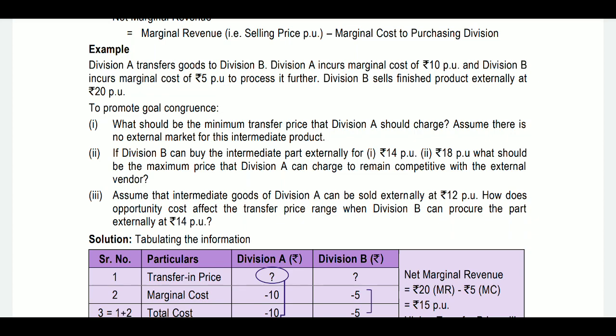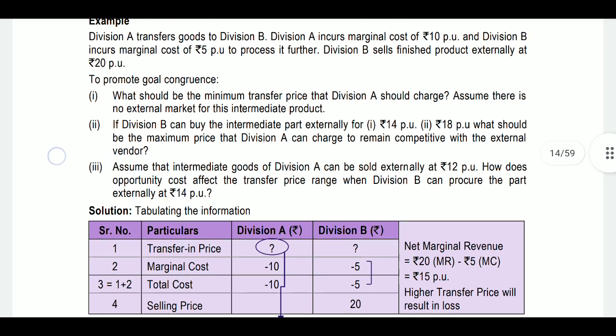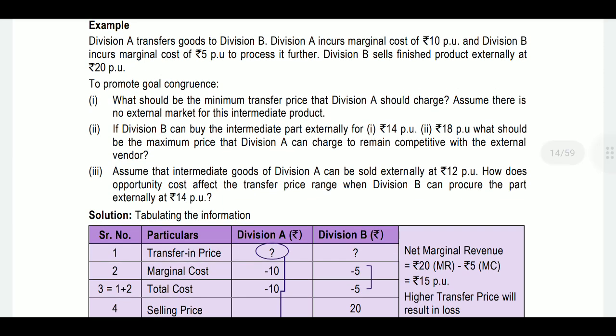So total cost for A will be 10 rupees and for B 10 plus 5, 15 rupees, and it is selling at 20 rupees. Next, to promote goal congruence, what is required? Minimum and maximum. Minimum for supplying division, maximum for purchasing division.